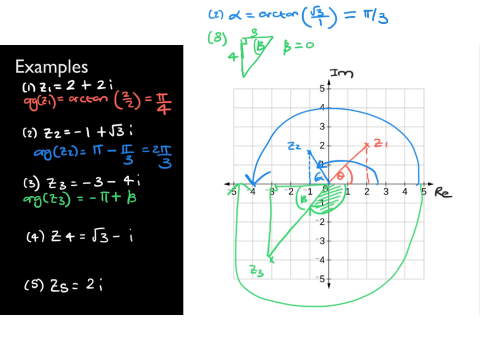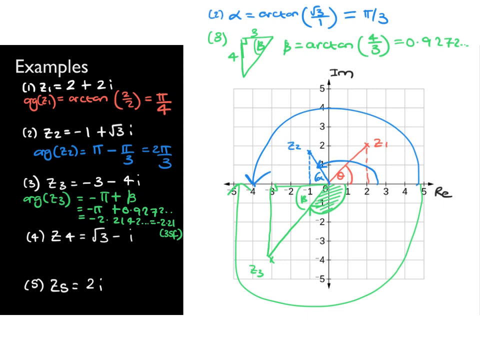You would simply do tan to the -1 or arctan of 4 over 3. And that gives you 0.9272... So we simply take that in radians over here, and negative pi plus that value gives us negative 2.214... which is negative 2.21 to 3 significant figures.